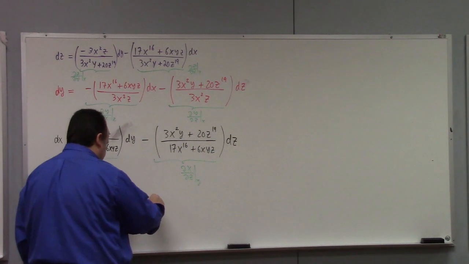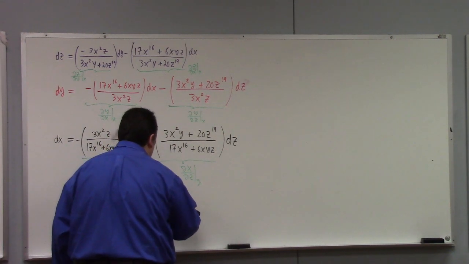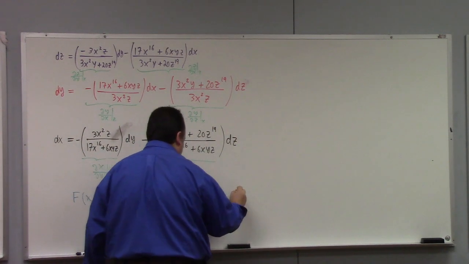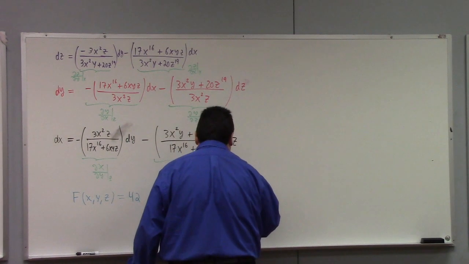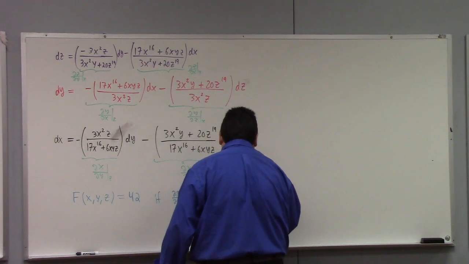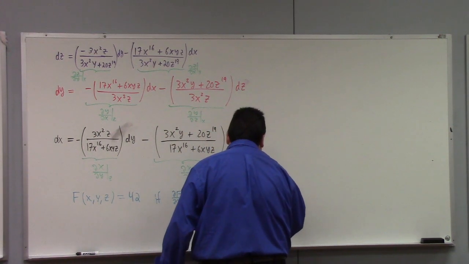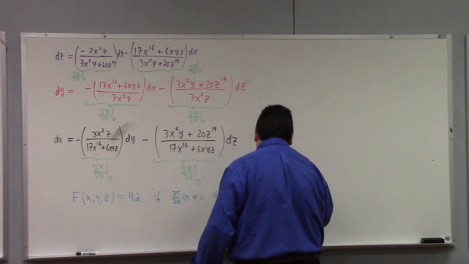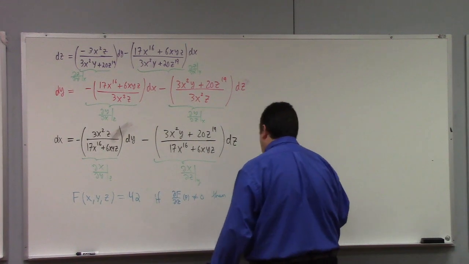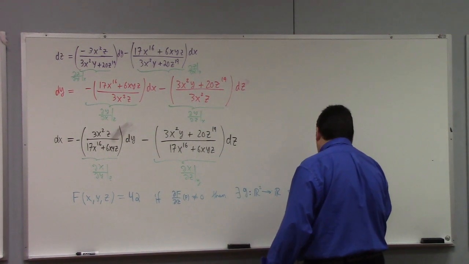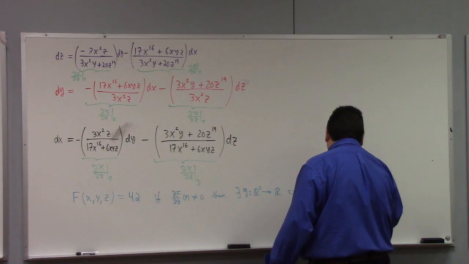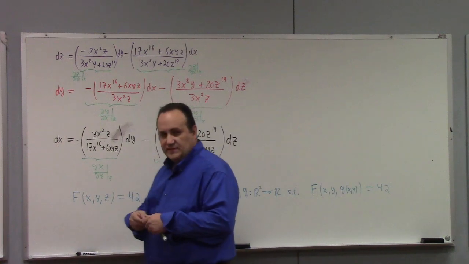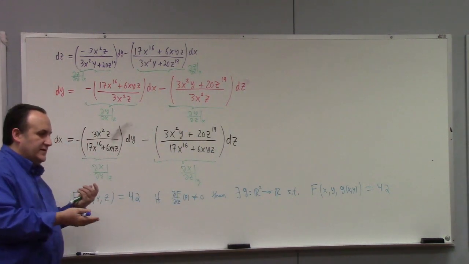So if partial f, partial z at a point is not equal to 0, then there exists, let's say g, a mapping from R2 to R, such that f of x, y, g of x, y is equal to 42, for instance. This is the implicit function theorem.